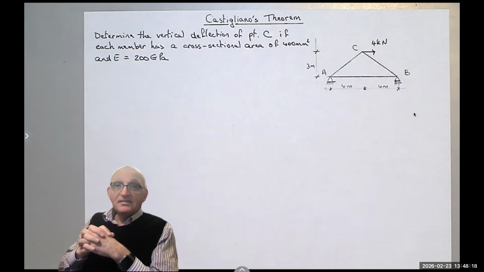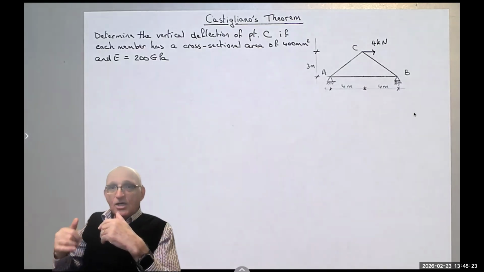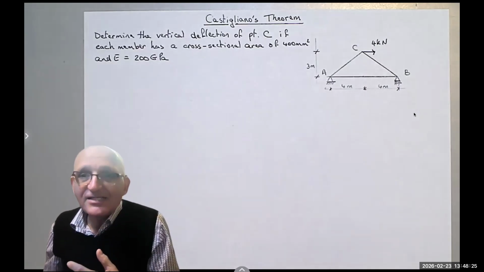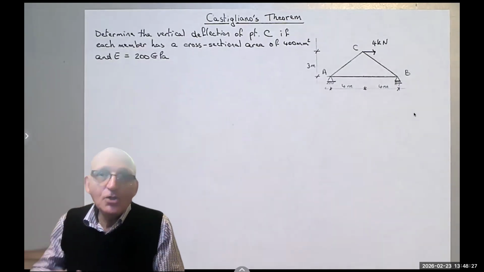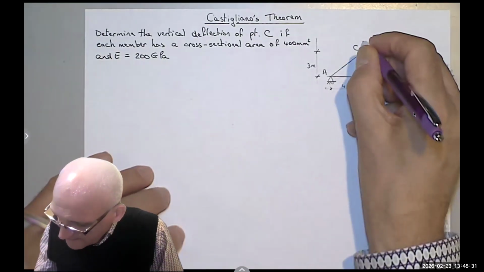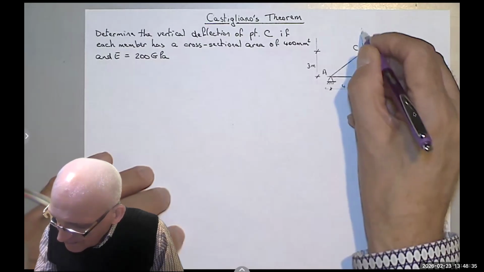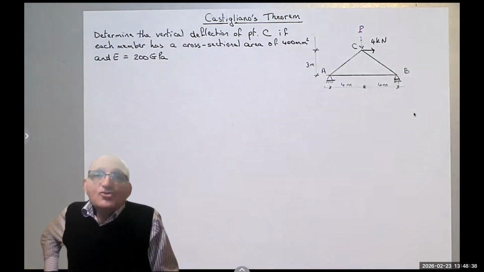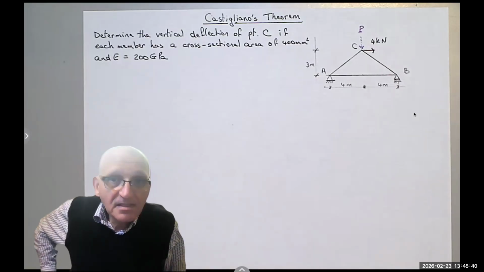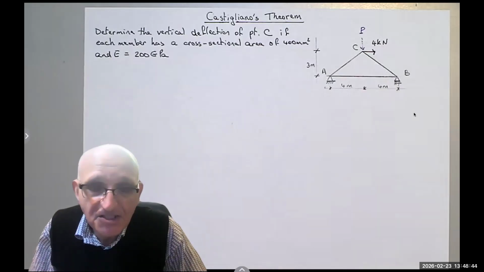But if I'm told vertical deflection, the way we approach it is that we use a fictitious load. So I'm going to call it P. That's the P load. And then we are going to apply Castigliano's theorem after we find the reactions and the forces inside each member.